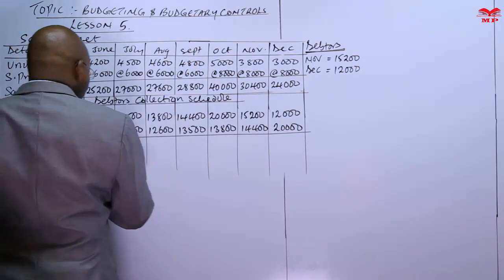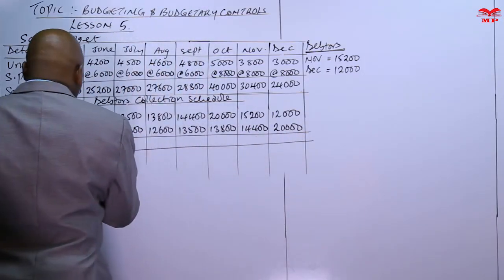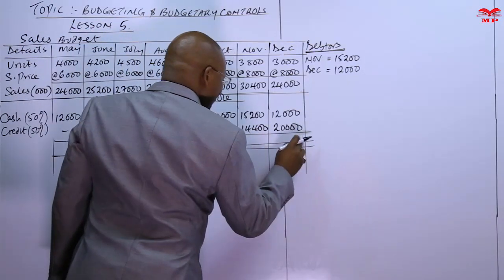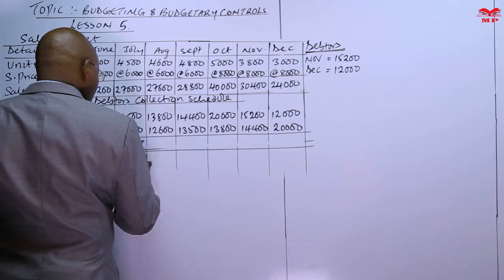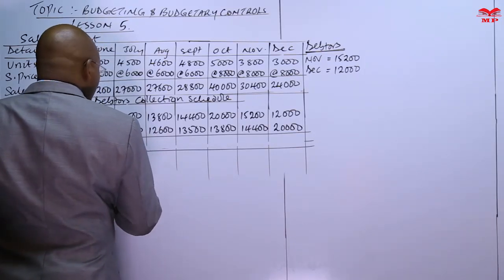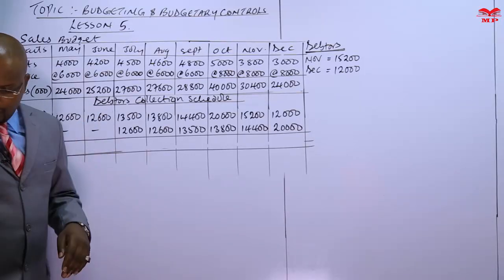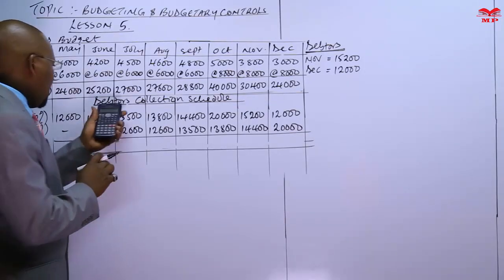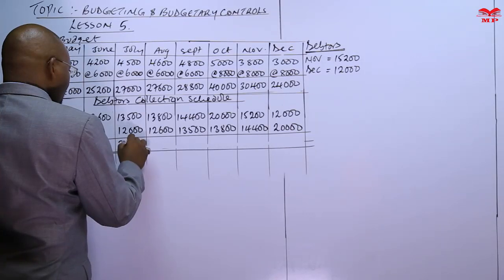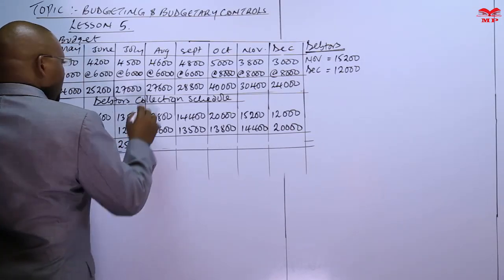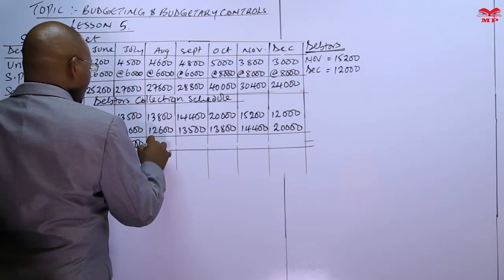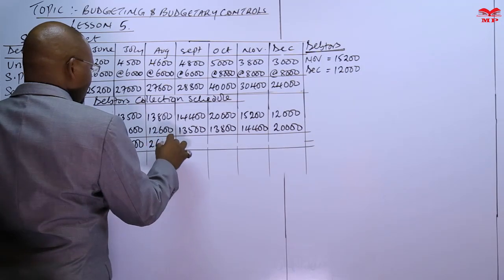And for these receipts, we look at the months we have been asked. We have been asked 6 months to December. So 6 months means we want July up to December. So as we add this, we'll find out that this is already 25,500. This is already 26,400.